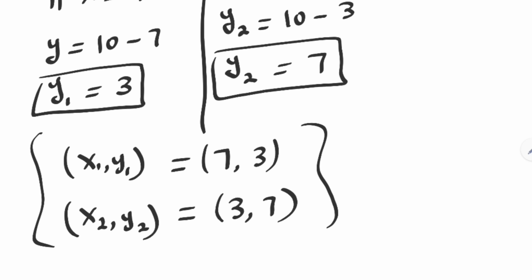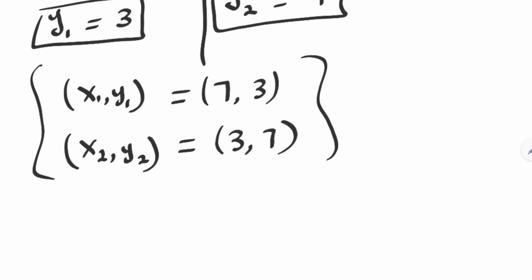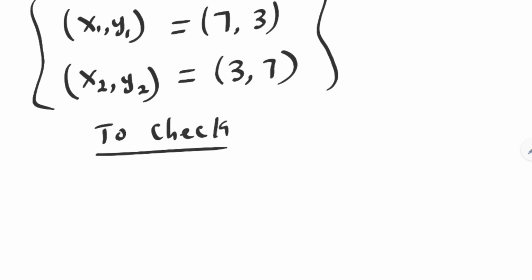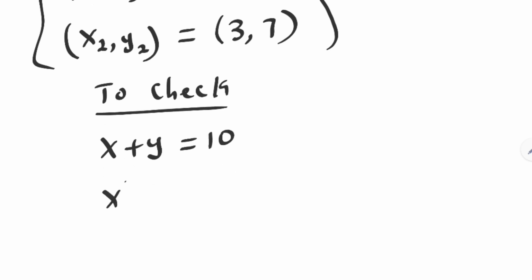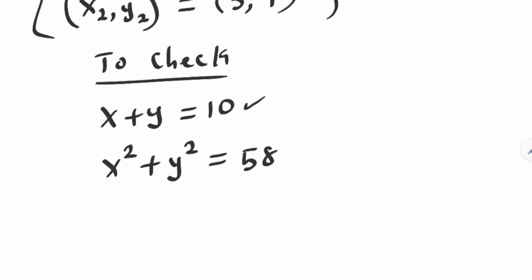We may check to confirm if this answer is right or wrong. Let's check. To check, we have the given equations. x plus y is equal to 10. x square plus y square is equal to 58. Let us consider this.